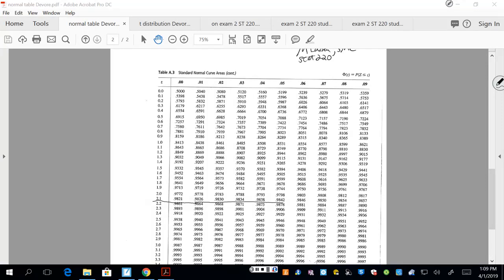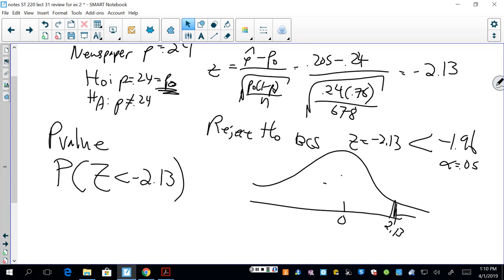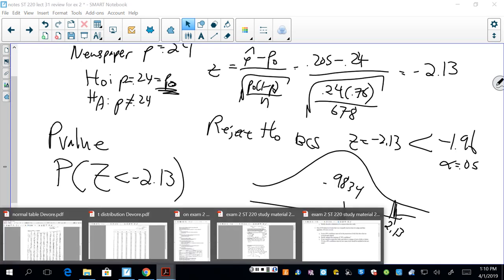So here's 0, here's 2.13, and there's 0.9834. Wait, aren't we looking at negative 2.13?